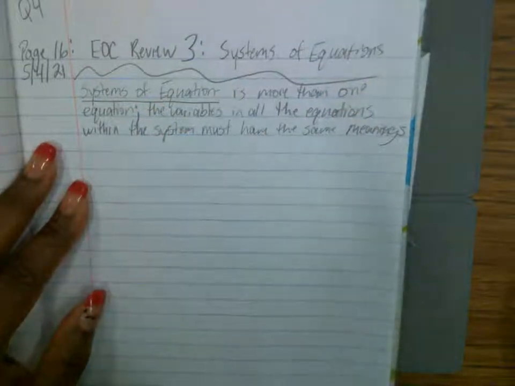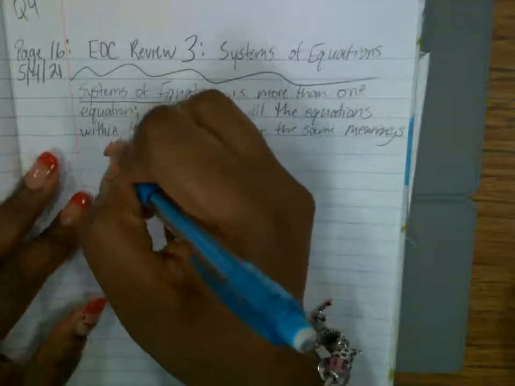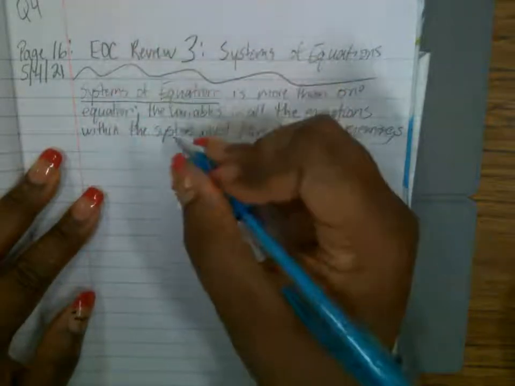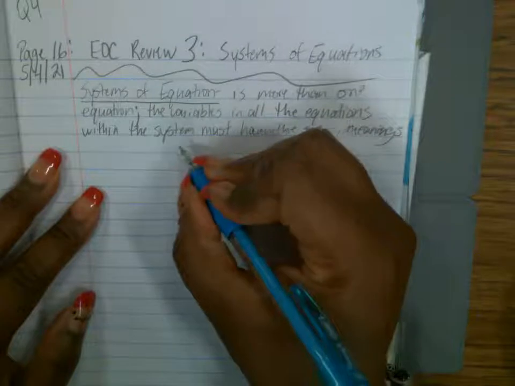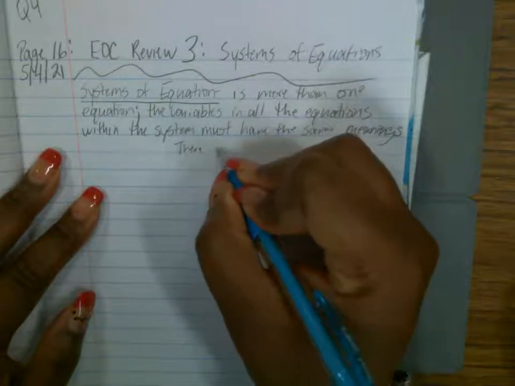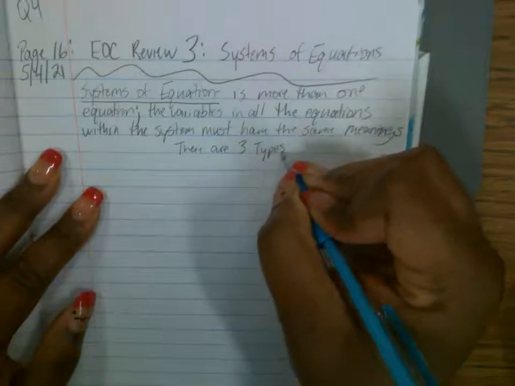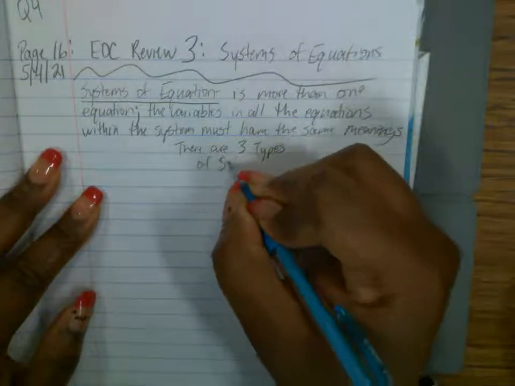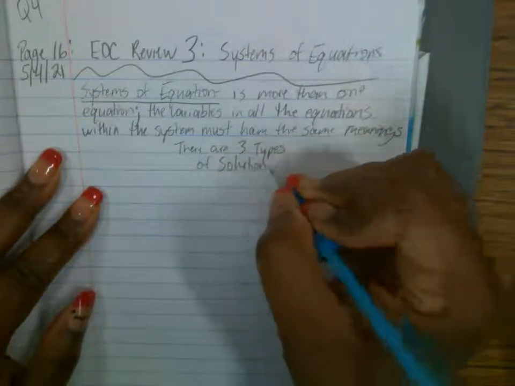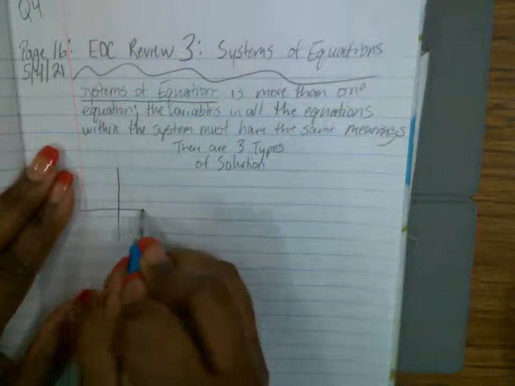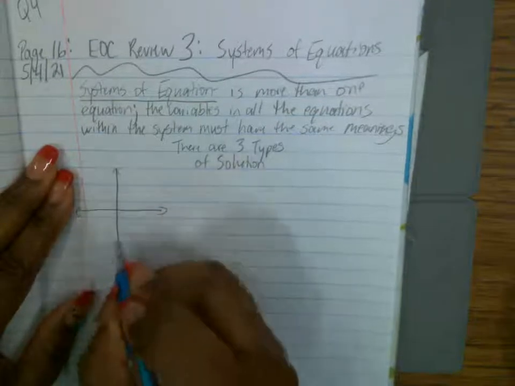We're only going to be dealing with 2 equations. You can have 3 possible solutions to a system. There are 3 types of solutions to a system. So this is what a system looks like. I'll draw it.